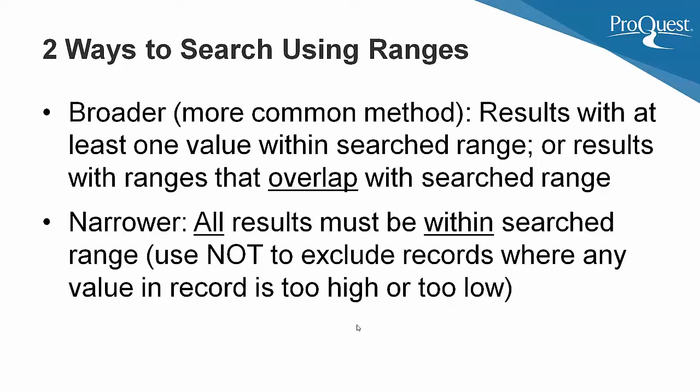So if you're searching for 3 to 5, you may get hits that talk about 2 to 4, or that talk about 4 to 6, because there's an overlap there, and you would ordinarily retrieve those. But as we will see, there is also a technique available that will make sure that all of the hits you get talk about numbers that are completely within the range that you're searching on, and I will show you how that is done.